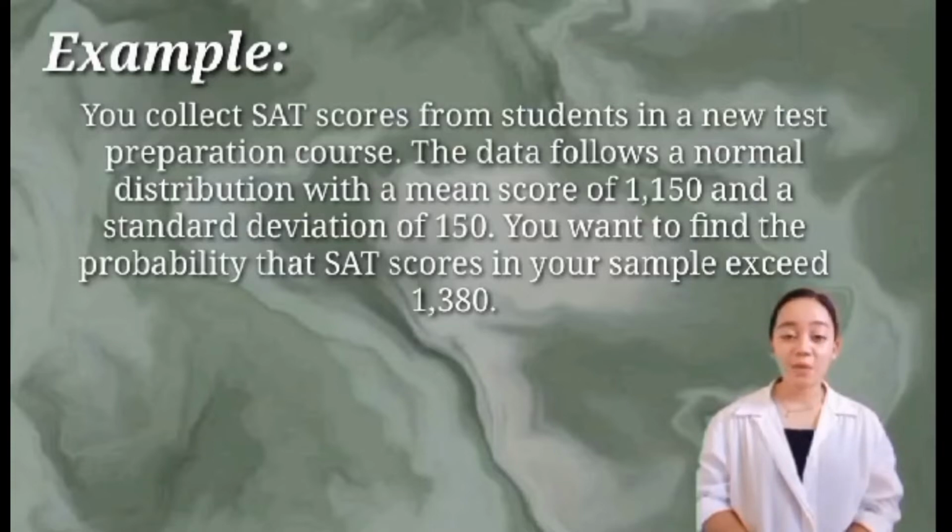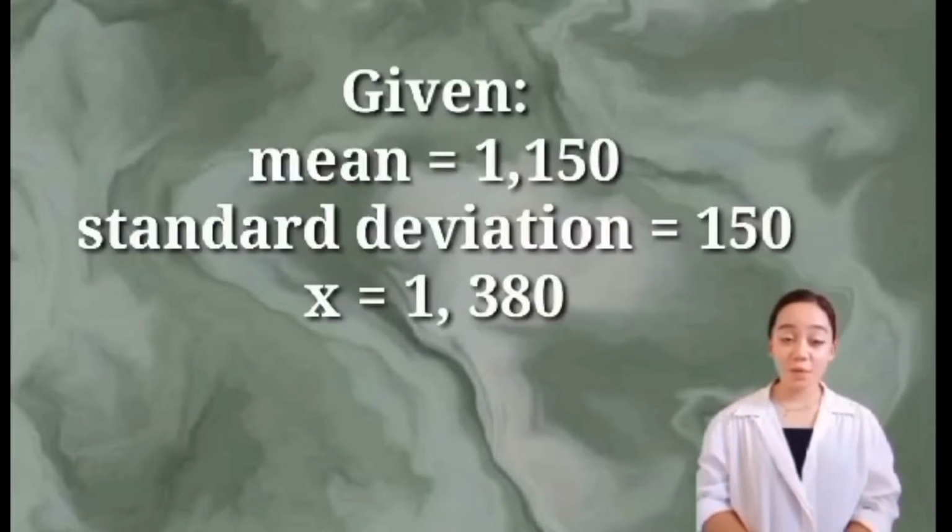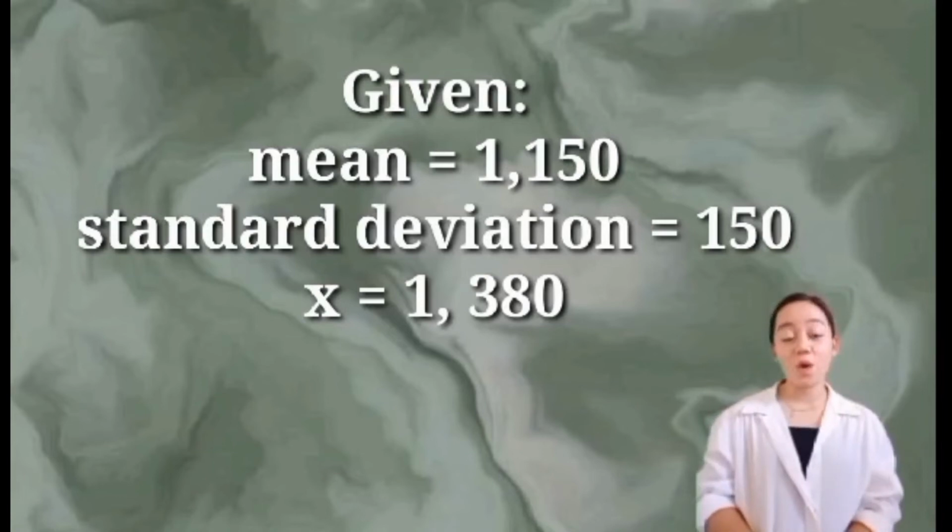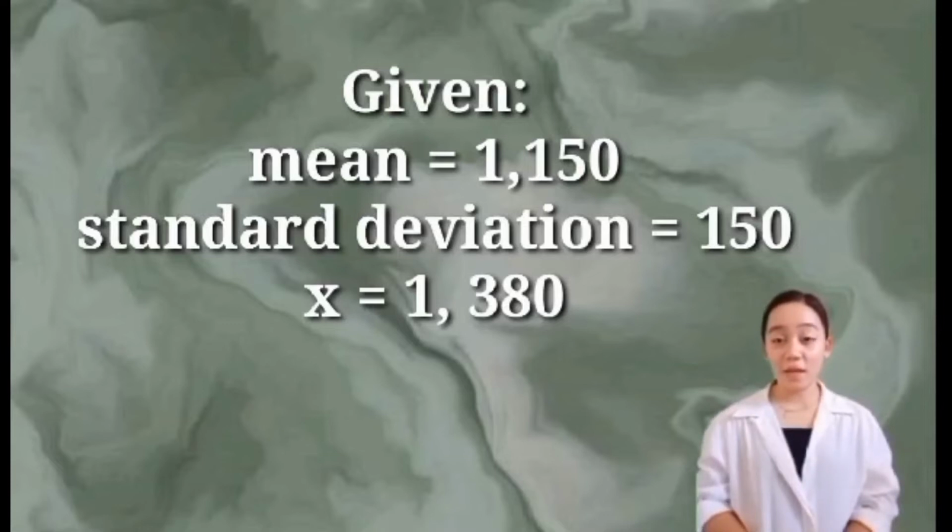You want to find the probability that SAT scores in your sample exceed 1,380. So the given values are: the mean is equal to 1,150, the standard deviation is equal to 150, and the x is equal to 1,380.